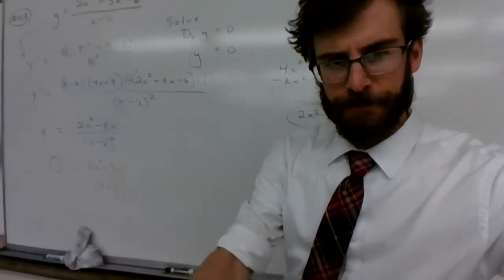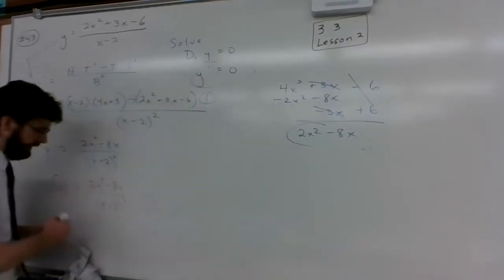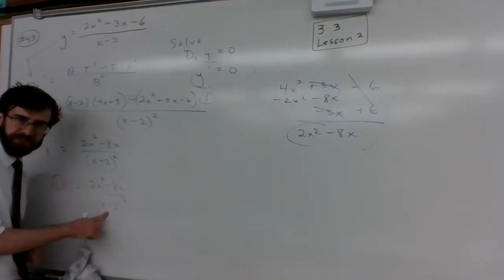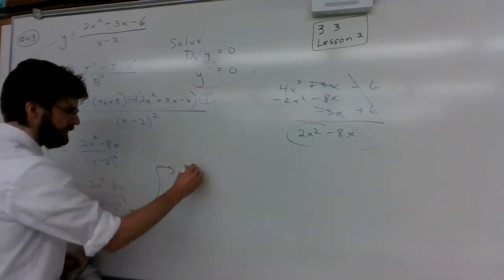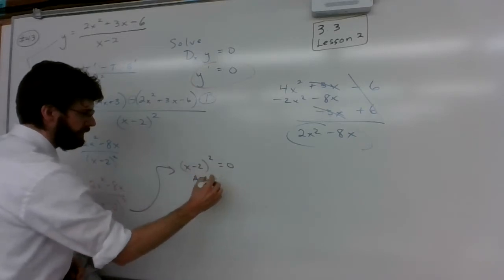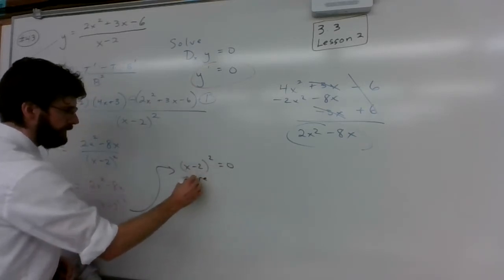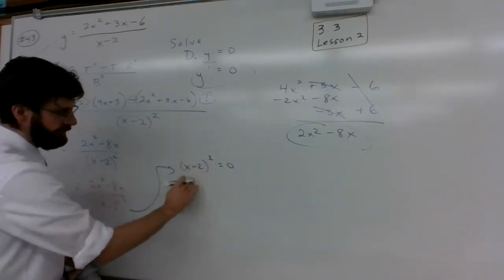So here's the deal. The bottom just gives us domain issues. x minus 2 squared equals 0.